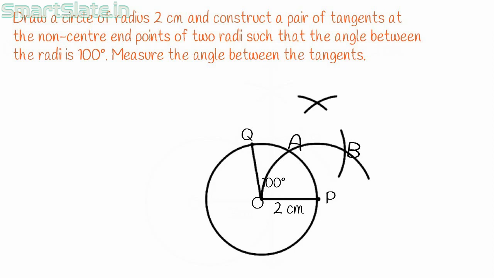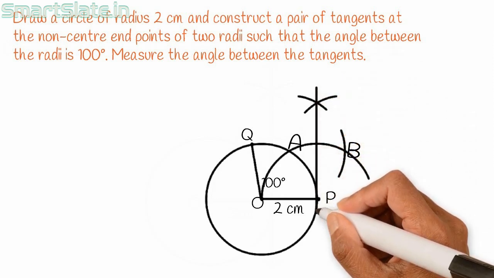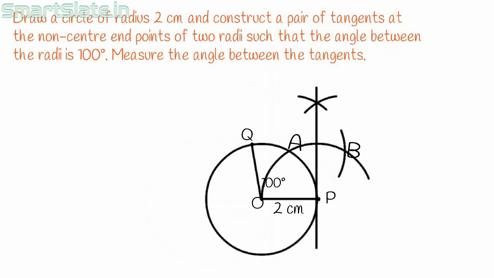Remember, all this while I have kept the measurement of compass equal to 2 cm, which is the radius of the circle. Draw a straight line from this intersection point towards the point of contact. We have first tangent here.